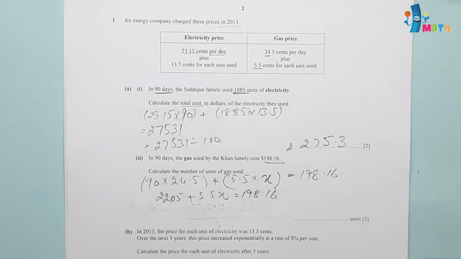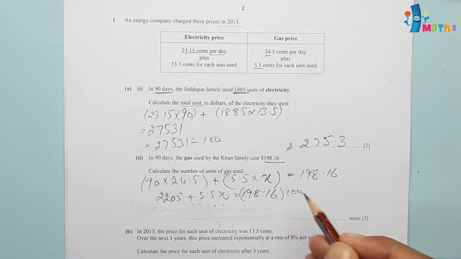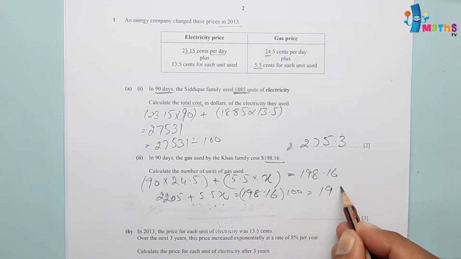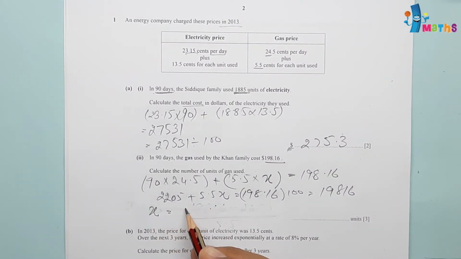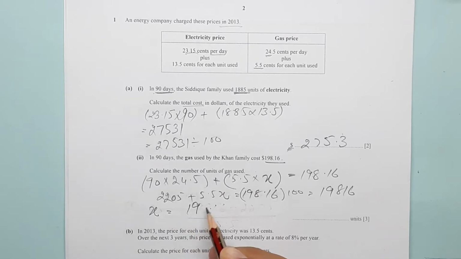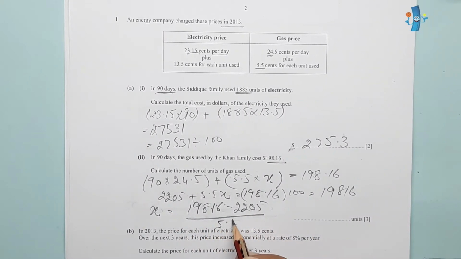$198.16. This 198.16 is in dollars, so we will multiply to convert into cents. So this will be equal to 19816, and now we can calculate value of X. X will be equal to 19816 minus 2205 and divided by 5.5.